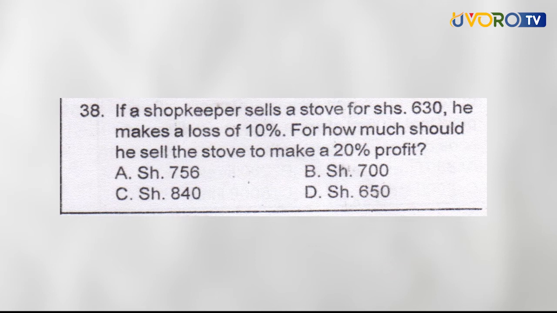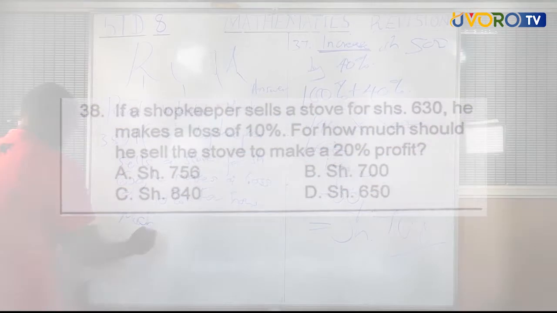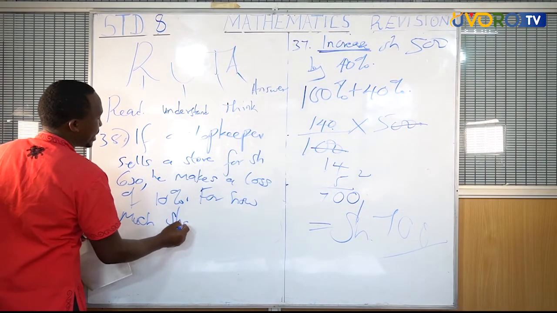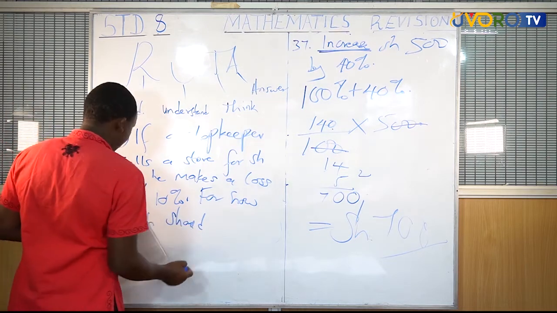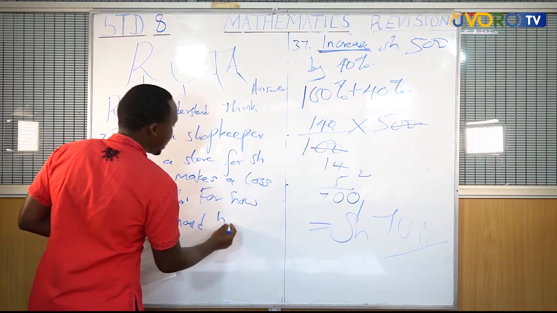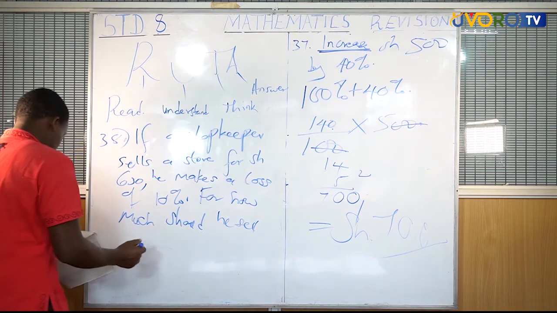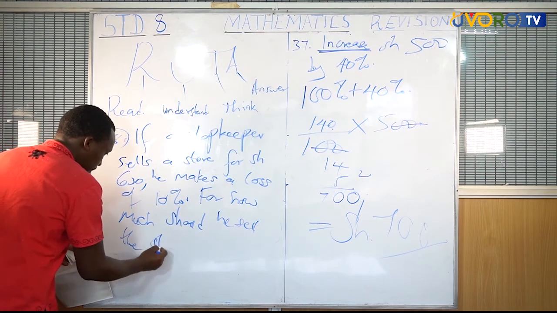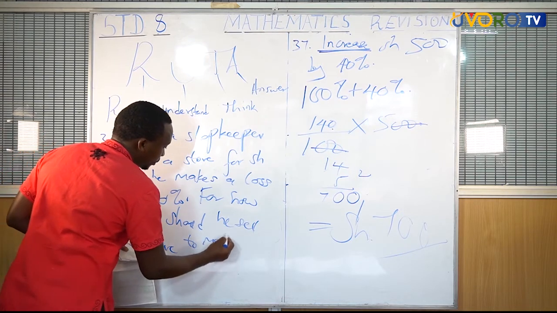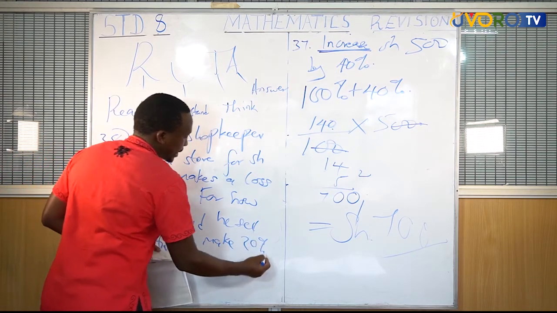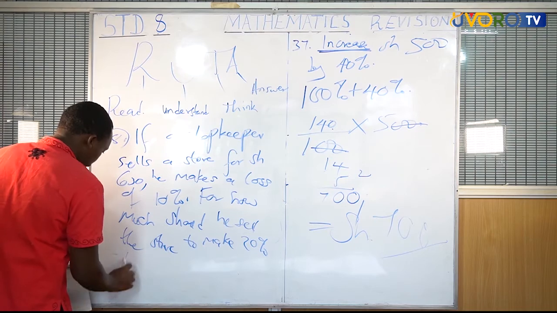For how much should he sell the stove to make a 20% profit?